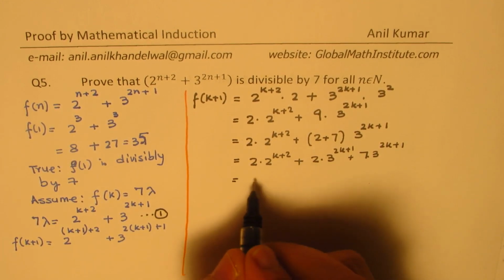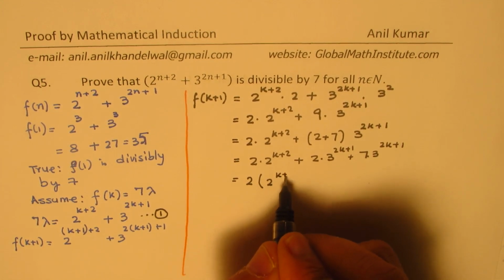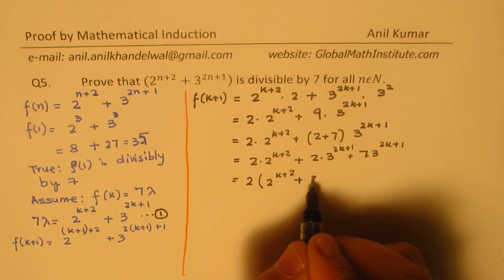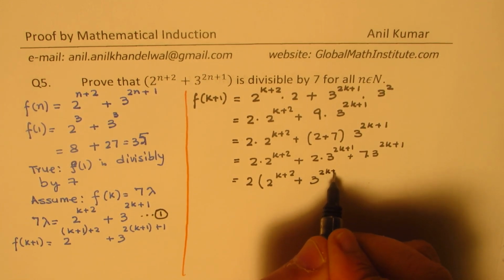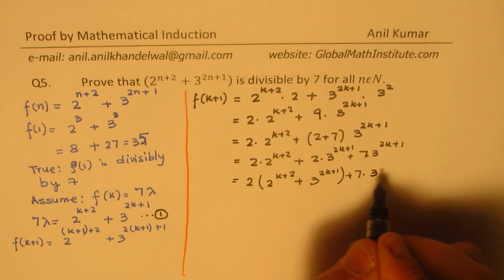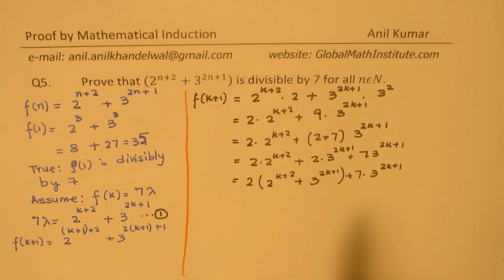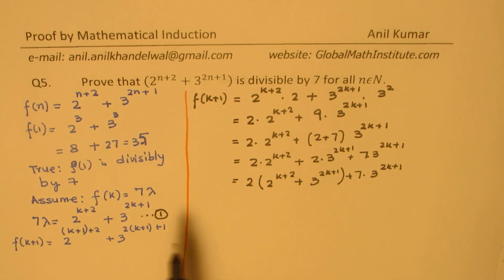Now here 2 is common, so we can write 2 common, and we get 2 to the power of k plus 2 plus 3 to the power of 2k plus 1, and that gives you 7 times 3 to the power of 2k plus 1. Now this first portion is given to us as 7 lambda. That is our assumption, right?